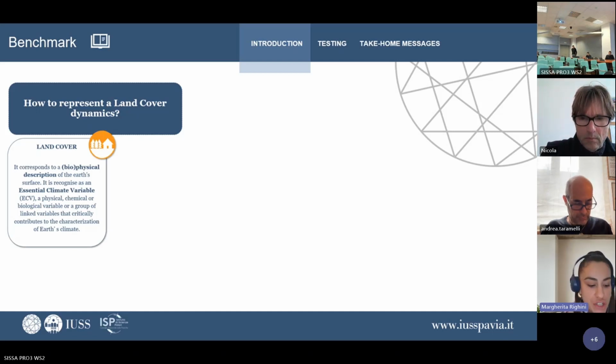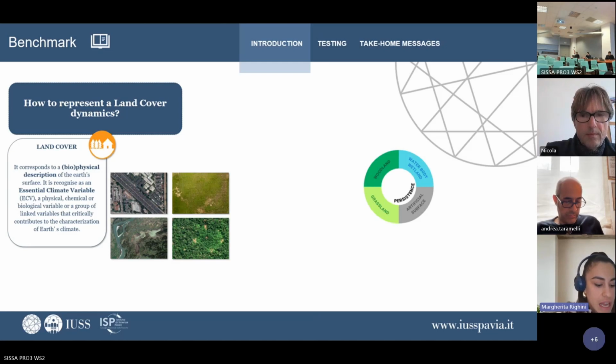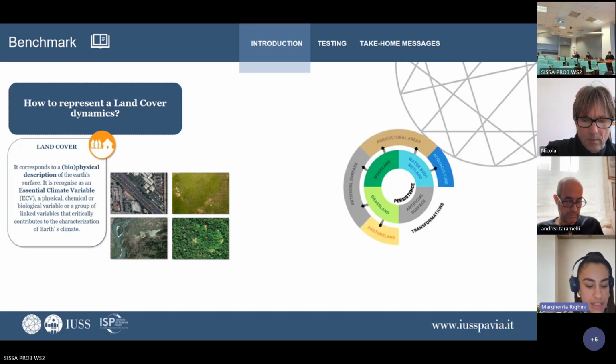The representation of its complex dynamics requires a huge amount of data, because we have to consider the persistence as well as the transformation of certain land cover classes.